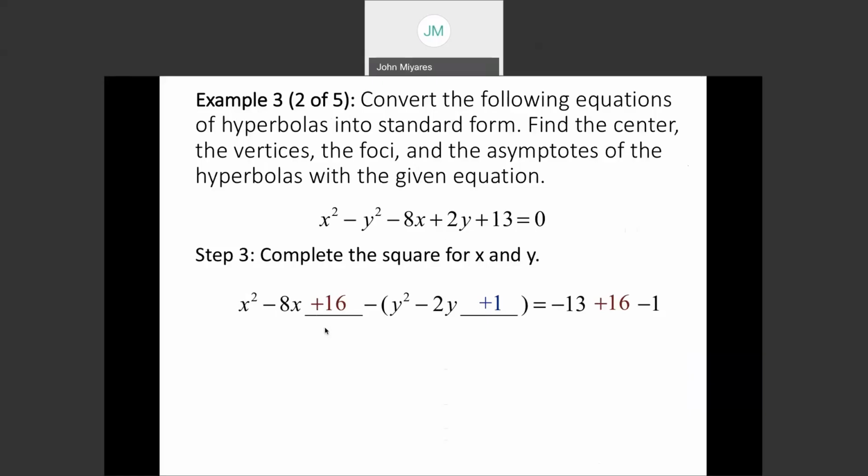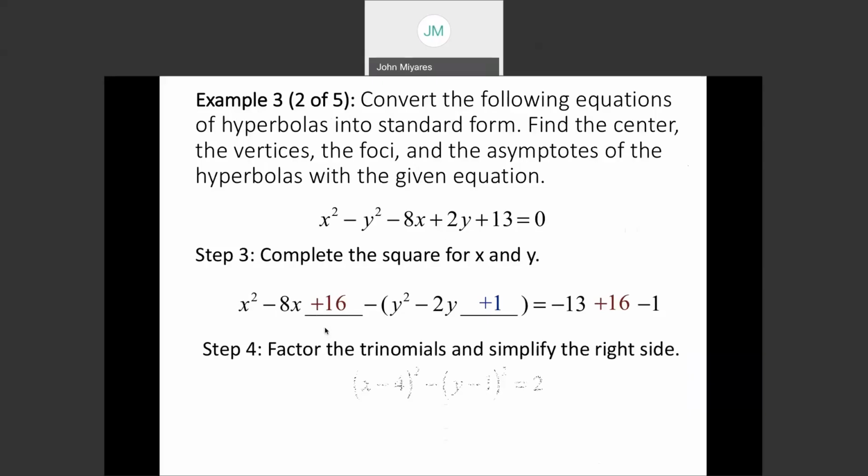From here, we want to factor each trinomial into perfect squares, then simplify the right-hand side. So we'll get (x - 4)² - (y - 1)² = -13 + 16 - 1, which equals 2.